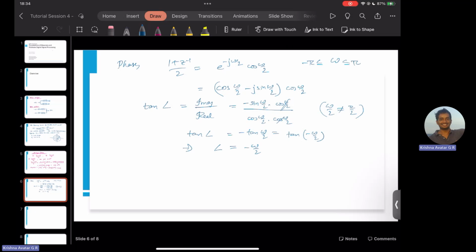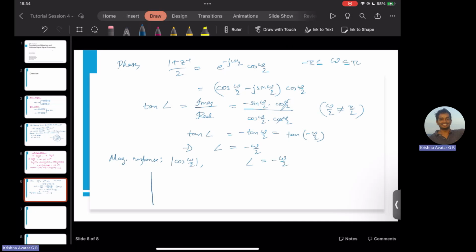Now, the magnitude response was the absolute value of cosine omega by 2, and the angle was minus omega by 2.